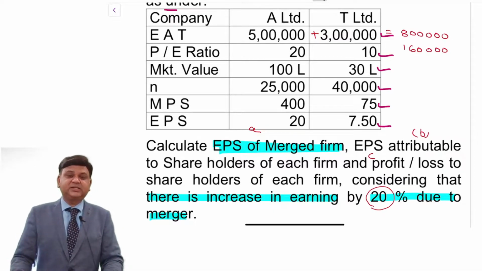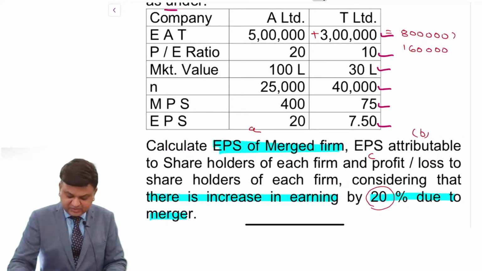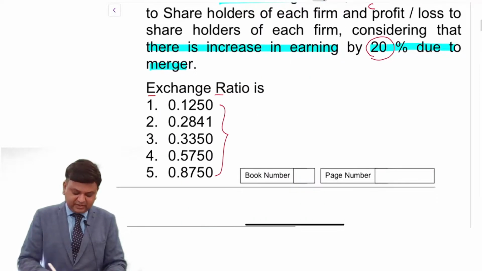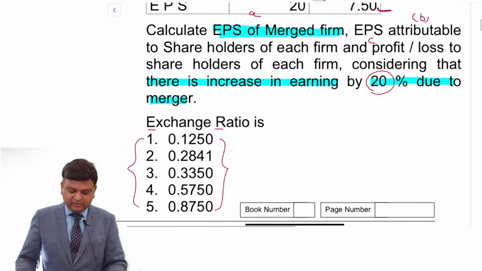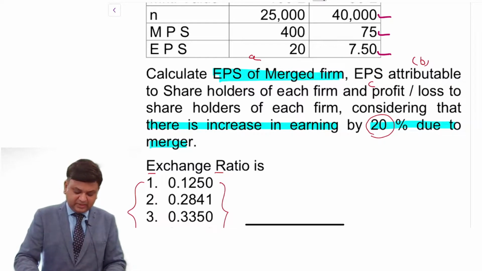So 1,60,000 is the increase in the earning due to merger. 8 lakhs plus 1,60,000 comes to 9,60,000. This is earning after taxes of the merged firm. And for the different exchange ratios, we are required to make the calculation. Let us understand how to make the calculation of the answer. Please write down the answer along with me.